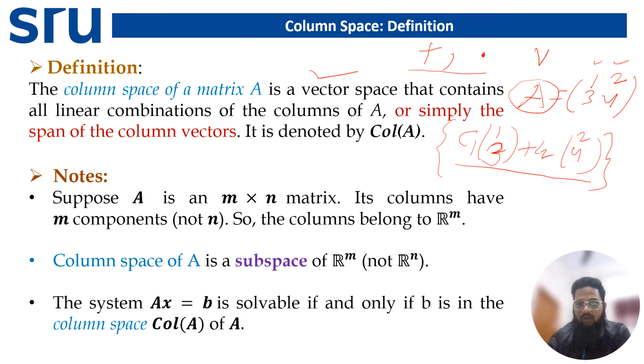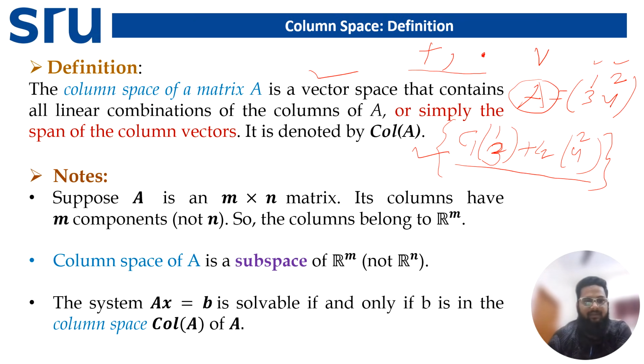That means however many columns you have, take that many constants and multiply the first constant with the first column vector plus the second constant with the second column vector, and if you find different kinds of combinations by choosing the C1, C2 constant values, all those vectors will be part of the column space, or rather you can say the span of the column vectors. So this is the definition of the column space of a matrix.